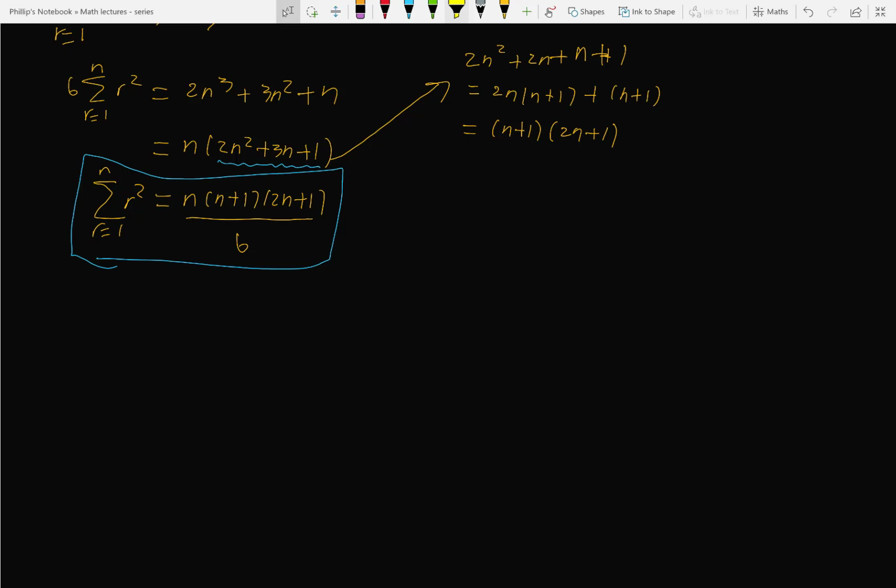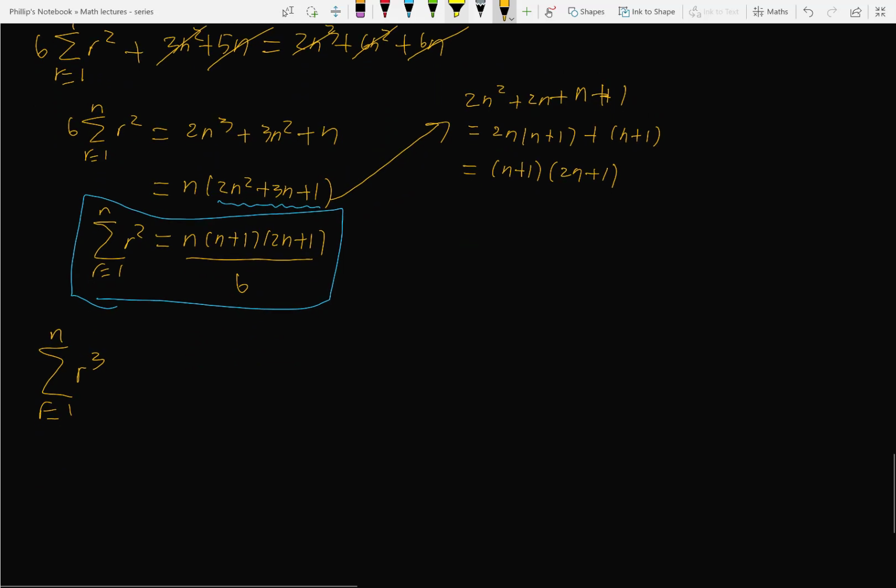For example, if you want the sum from r is equal to 1 to n of r cubed, follow the same methodology as we've done here, but use b underscore r is equal to, rather than r cubed, use r to the 4.